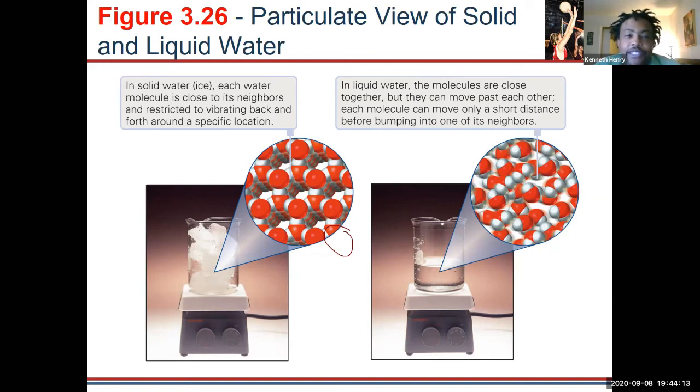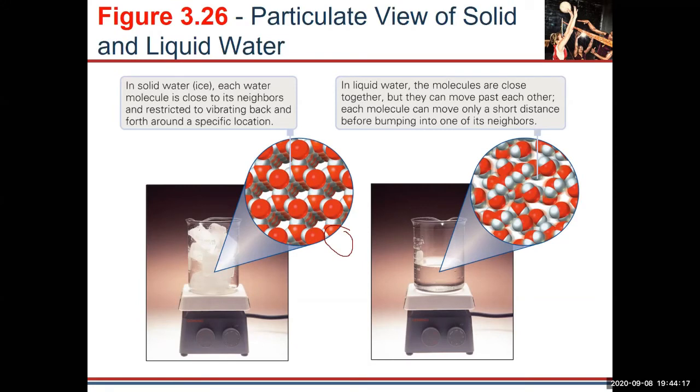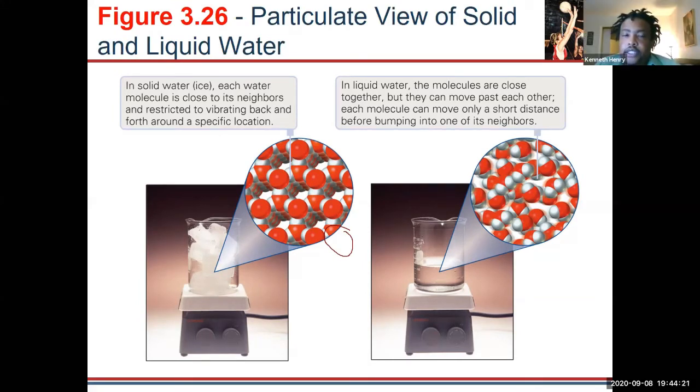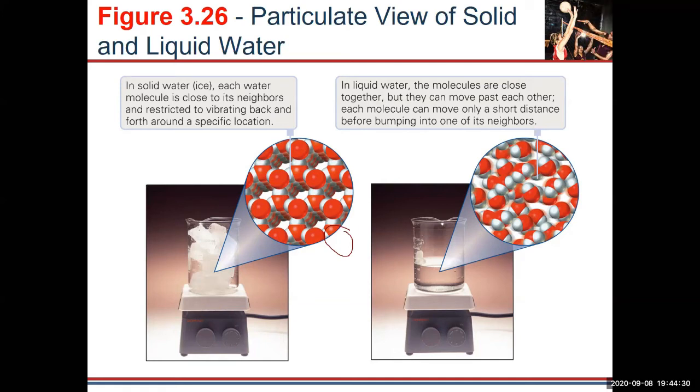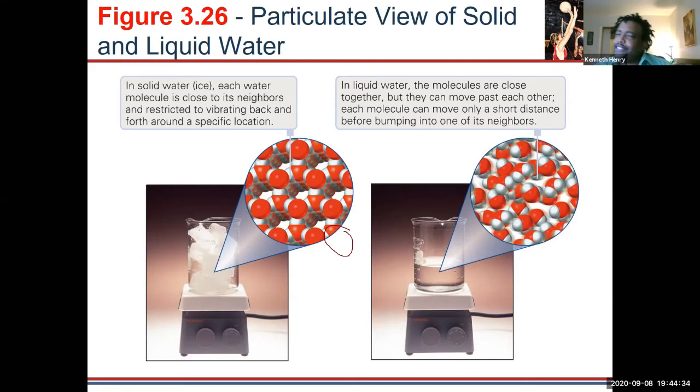That's what I'm asking you essentially. Is it because the molecules are close together? So does a piece of steel float on a piece of liquid steel, or does it sink to the bottom? Sink. So that's not necessarily it.